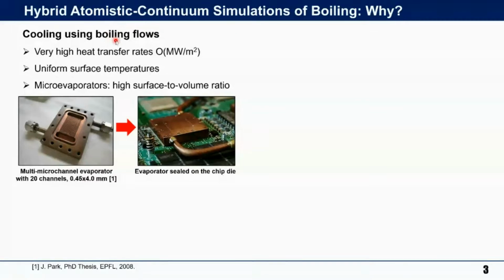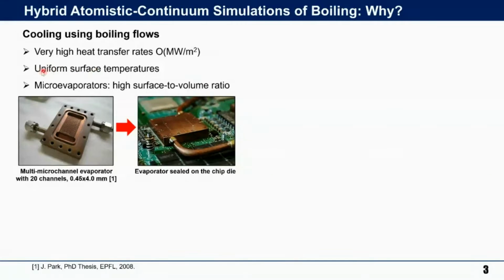Boiling flows are capable of dissipating very high heat transfer rates thanks to the fact that they remove heat using the latent heat of the fluid when the fluid changes phase from liquid to vapor. Boiling flows can also maintain uniform surface temperatures because the fluid remains more or less at the saturation temperature during the phase change process.